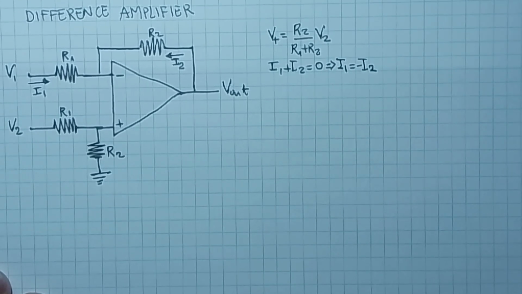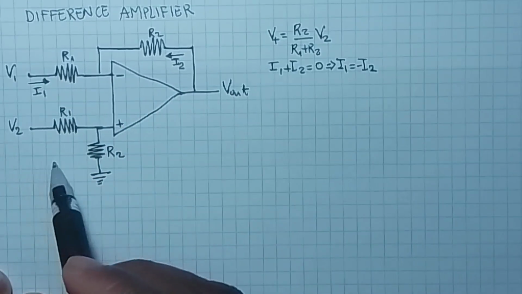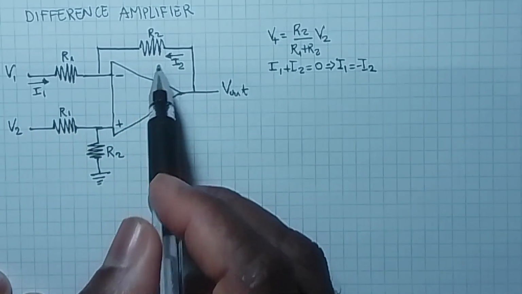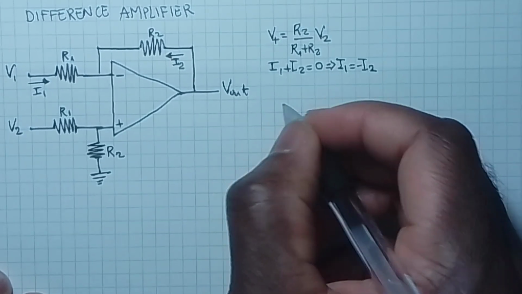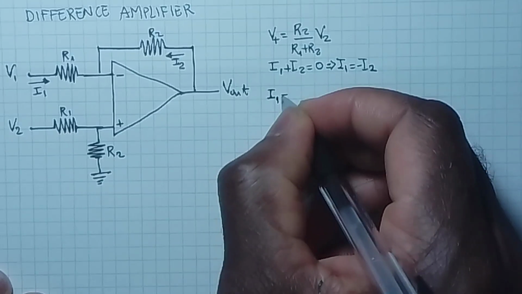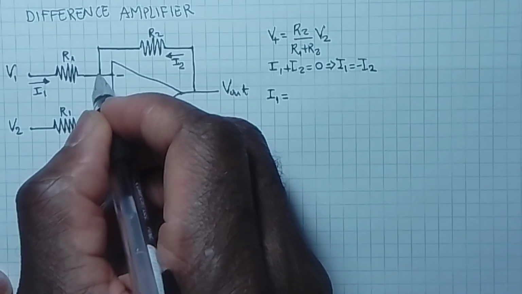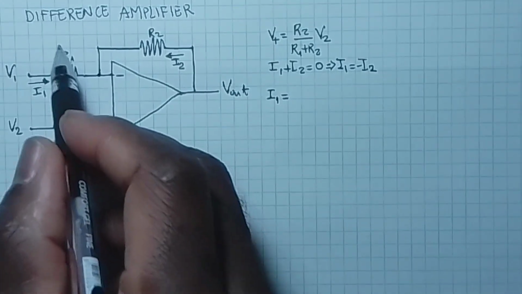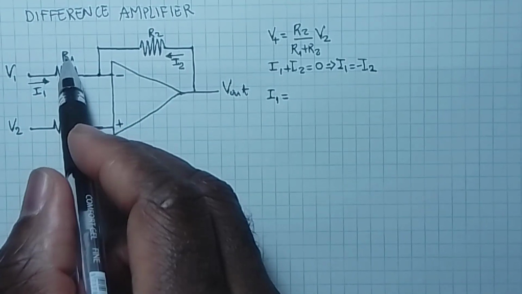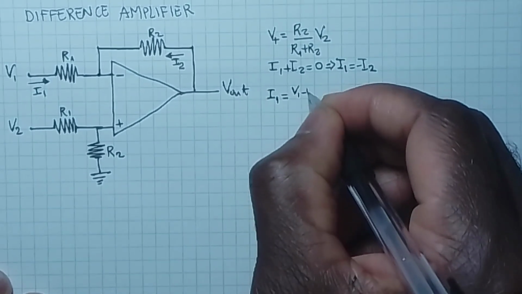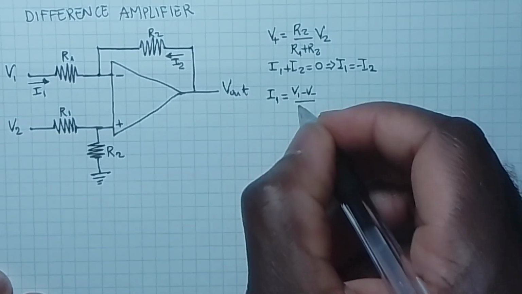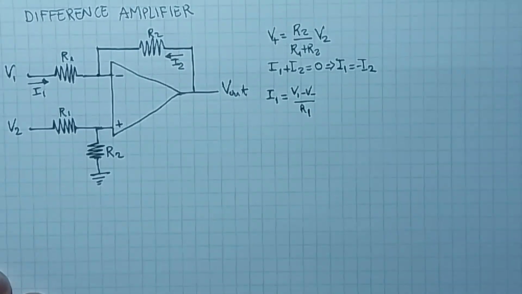Now let's apply Ohm's law to find E1 and E2 in the circuit. So we know E1 will be equal to the voltage across R1 over R1. So the voltage is V1 minus V minus over R1.